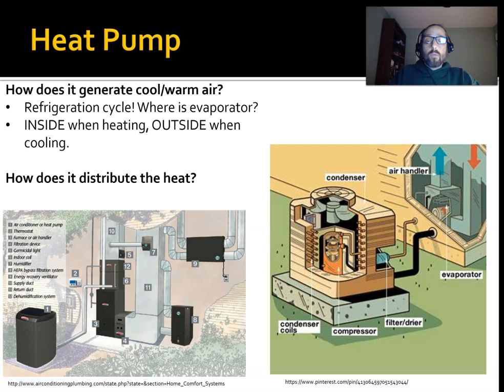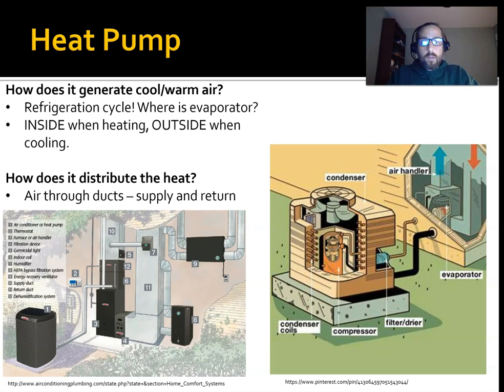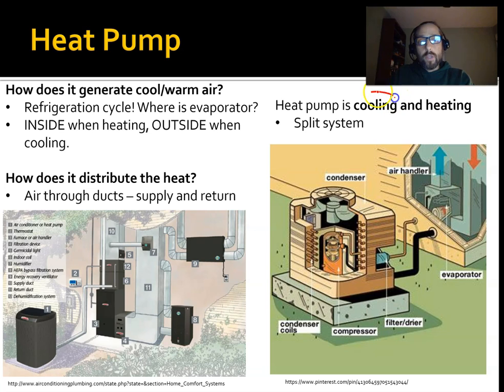With a heat pump, the evaporator and condenser switch roles. If I'm in cooling mode, then my evaporator is inside, because I need to pull heat from inside and dump it outside.